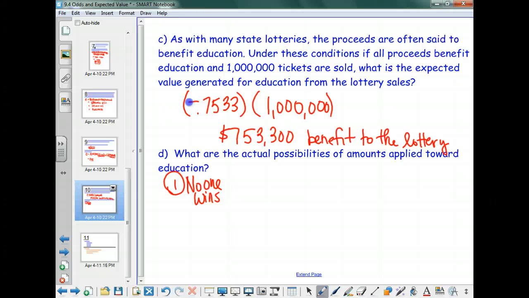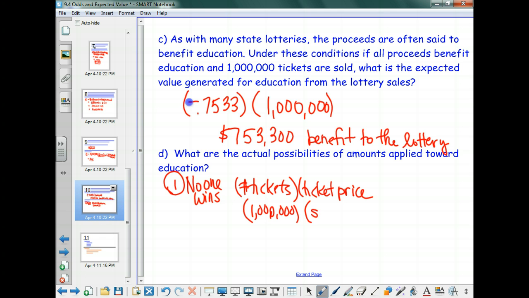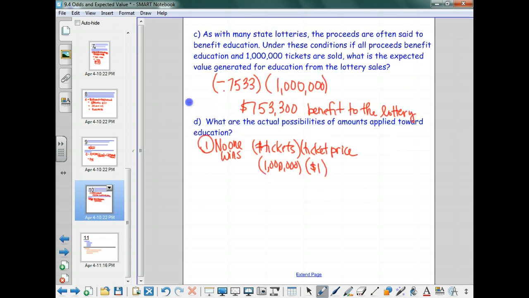If no one wins, we take the number of tickets times the ticket price. In this case, it was 1 million tickets times $1 per ticket for $1 million. So one possibility is that $1 million is raised. That is one legitimate possibility.